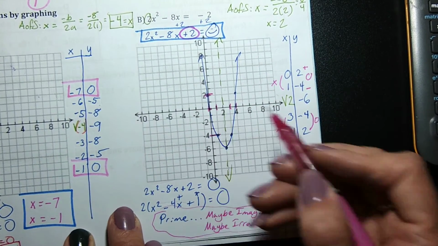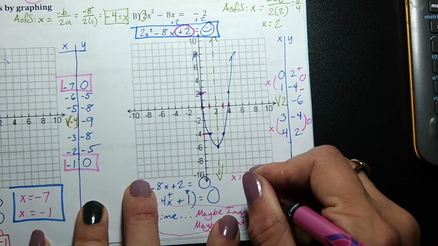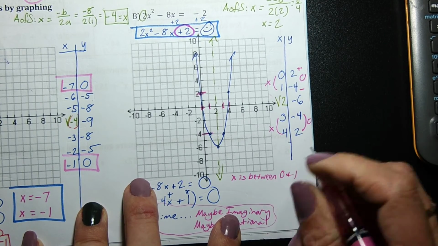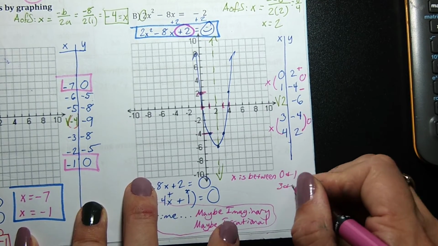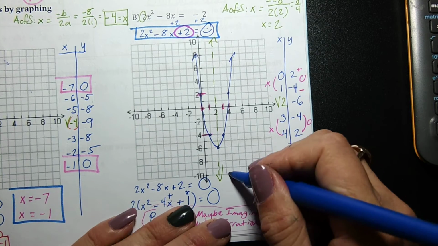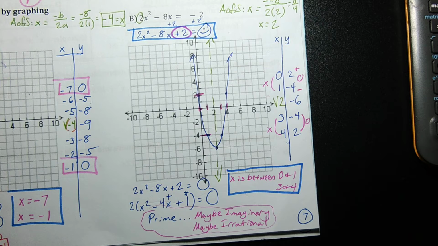This is between 0 and 1. This one's between 3 and 4. So x is between 0 and 1 and between 3 and 4. So yeah, we don't like graphing, but this gave me a better idea about my solutions than just solving by factoring.